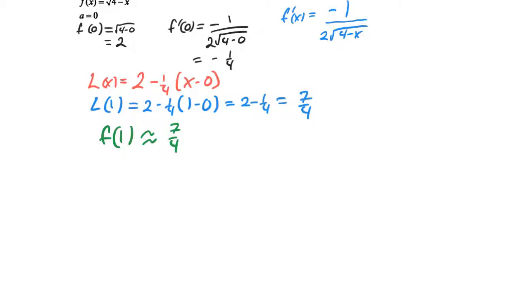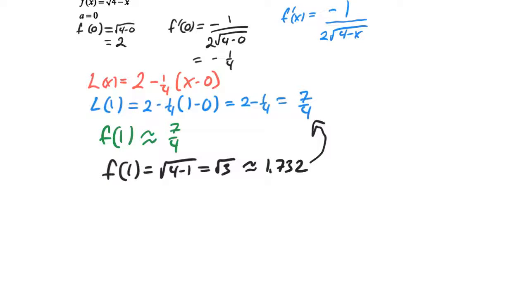To give this a little more perspective, let's think about what f of 1 would actually be. f of 1 would actually be the square root of 4 minus 1, which is the square root of 3. Well, if you plug that into your calculator, I think you'll get something along the lines of 1.732. Well, 7/4 is 1.75. Right?